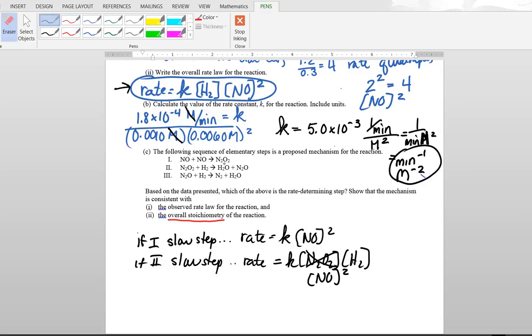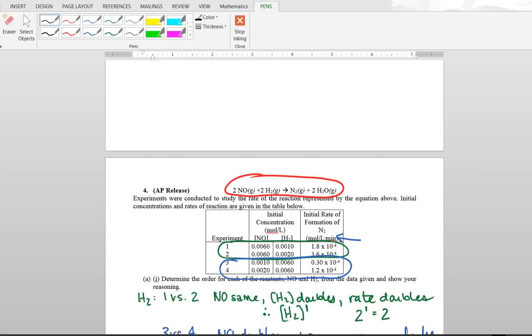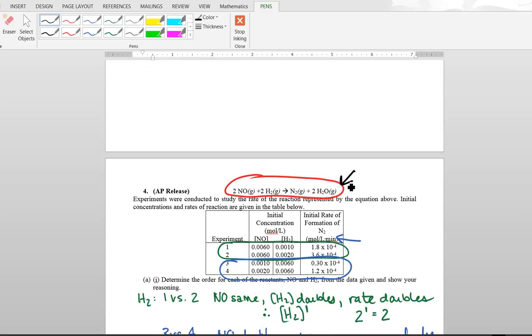Okay, so it looks like, let's check this. We've got an intermediate that cancels out here. We've got another one here. What we're left with is 2 NOs on the left, and then I've got 2 H2s. And on the right, I've got 2 waters, and I've got 1 N2. And you want to compare this, again, go back up to the top of the page and compare it to right here, and it seems like that is a match.